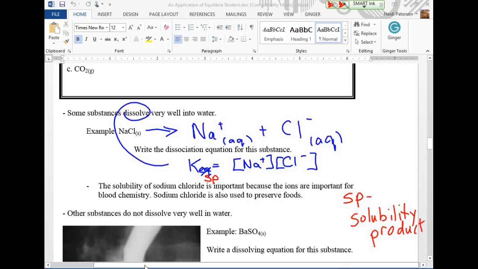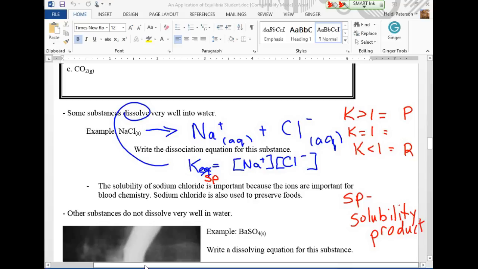What's the rule about K values? Oh, like reactant favored and all that stuff? Yes. If K is larger than 1, then it's product favored. If K is less than 1, it's reactant favored.